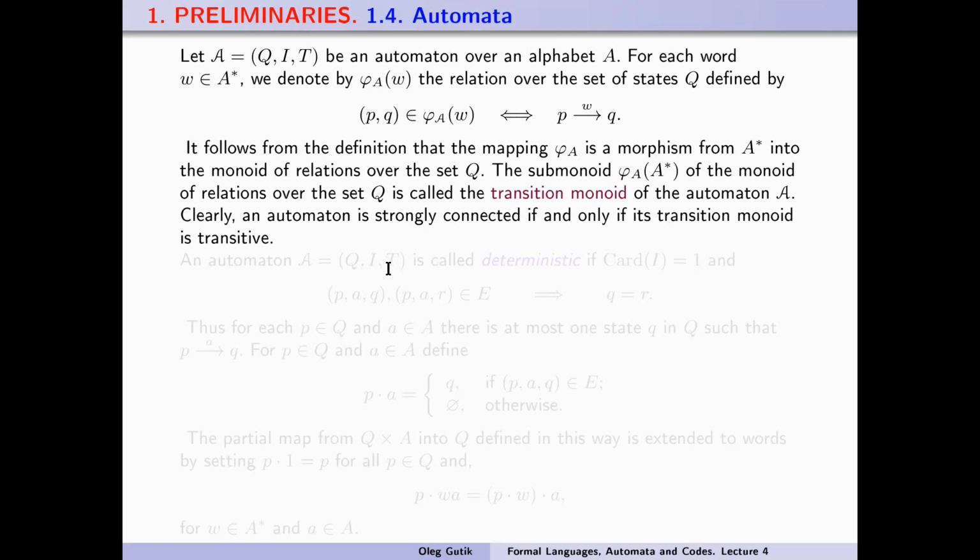So for any states there exist paths, and this implies that the transition monoid is transitive. If it is transitive, we have a path from Q to P, and a path from P to M, then we have a path from Q to M.